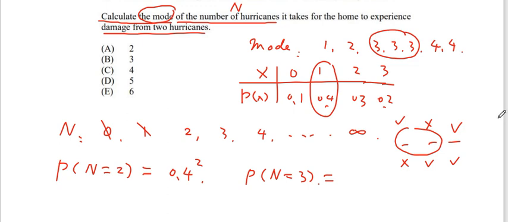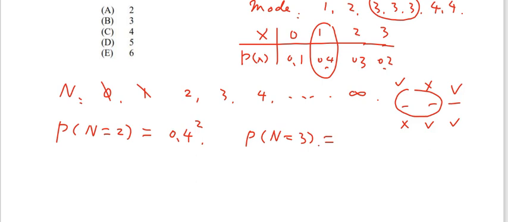So in general, we should realize such a distribution is a negative binomial distribution. Or we can check this probability.